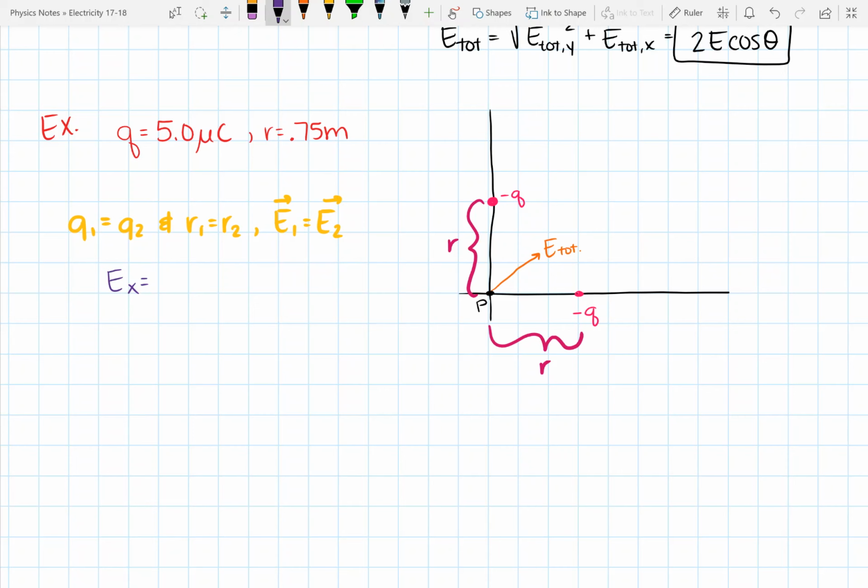EX is KQ over R squared. So 8.99 times 10 to the 9th times 5 times 10 to the negative 6 over 0.75 squared is going to give me 8 times 10 to the 4th newtons per coulomb.